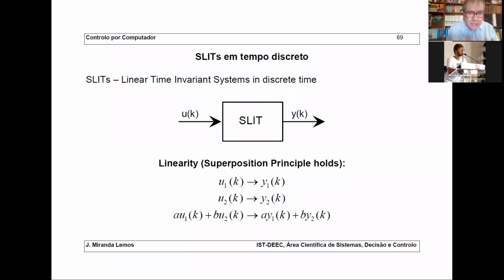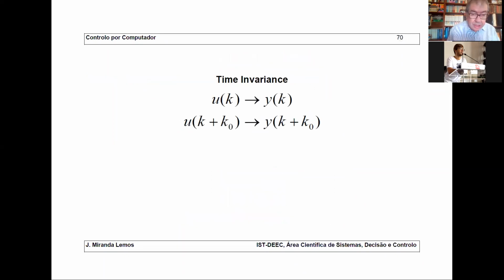Okay, so let's concentrate on linear time invariant systems. Superposition holds. The property of time invariance also holds. So in particular, we know that it's possible to prove, the proof is not difficult, but I'm not going to do it because you have studied that before, that you can characterize it by the impulse response, for instance.